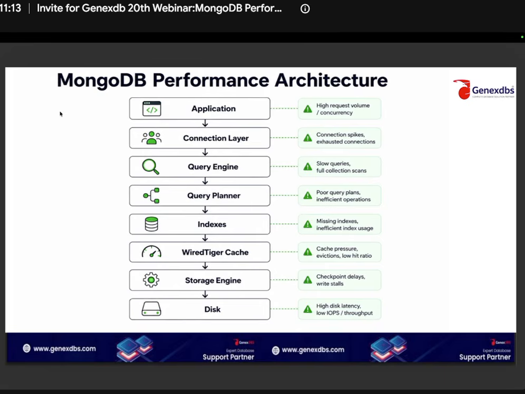It handles the persistent reads and writes. Higher storage latency will affect writes, queries, and replication. In this way, understanding these layers helps us DBAs identify where the performance issue originates, instead of collecting every available metric.